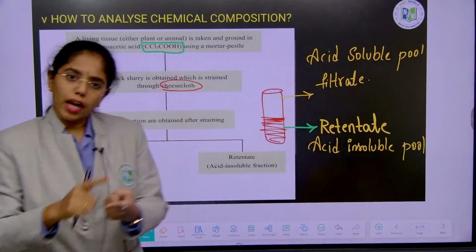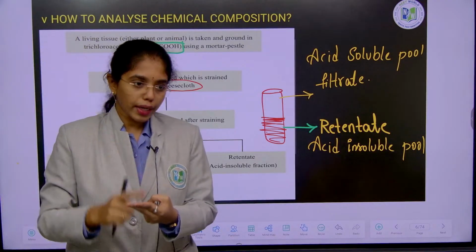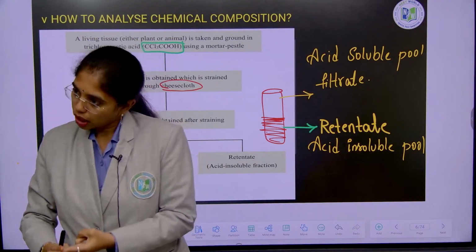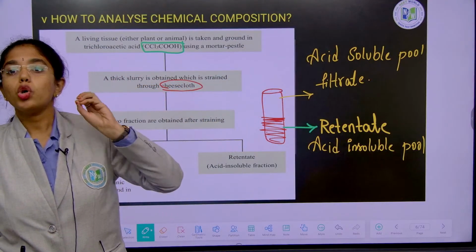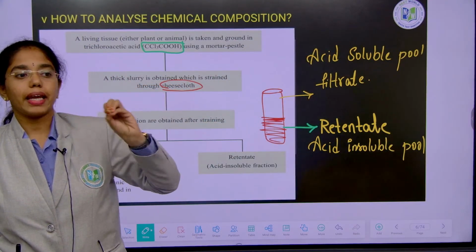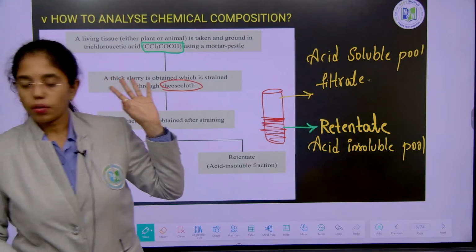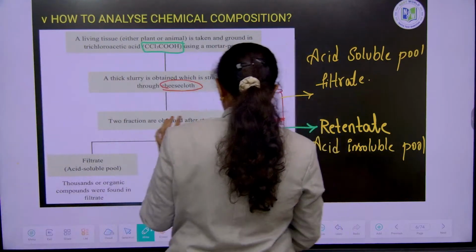Most of the cellular constituents, inorganic molecules, and organic compounds will land in the filtrate, whose molecular weight is less than 800 Daltons. So what will you observe in the acid soluble pool?